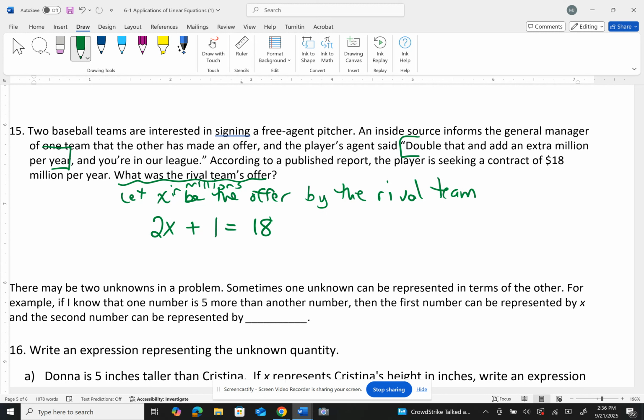So if we took 2x plus 1 equals 18 and solved it, that would tell us what the other team had offered. I'm going to divide by 2 next.